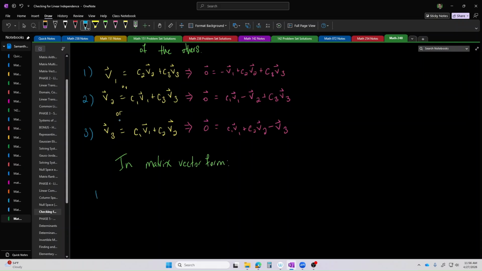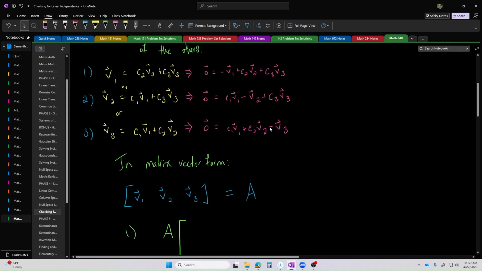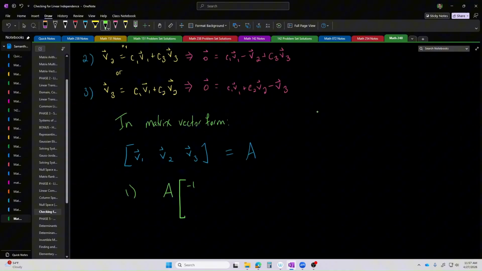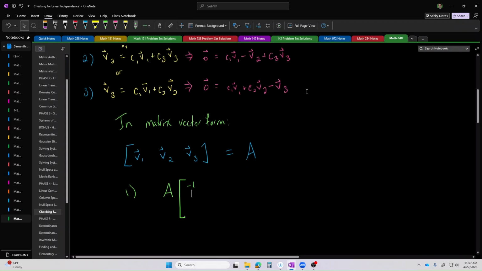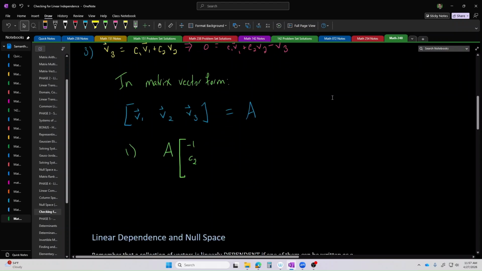So in matrix vector form, I could start, for example, by constructing a matrix A whose columns are the vectors in my collection. So number 1, for example, would be the matrix A times the vector -1 in the first position, then whatever is c2 in the second position, then whatever is c3 in the final position.